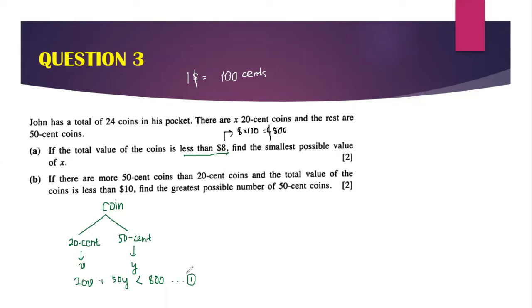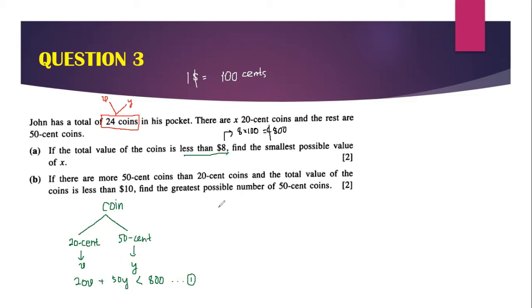So what about this one? 24 coins. What does this mean? Because there are 2 coins, X as 20 cents and Y as 50 cents, right?